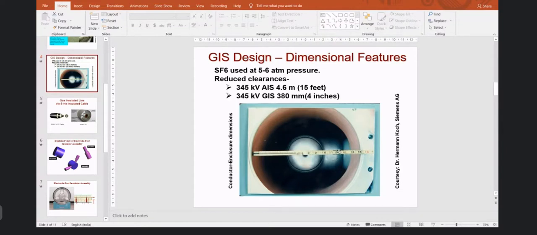And by the way, these are very expensive equipment, so nobody will accept that this will fail due to design mistakes. So that's why we need field computation and to be very precise.